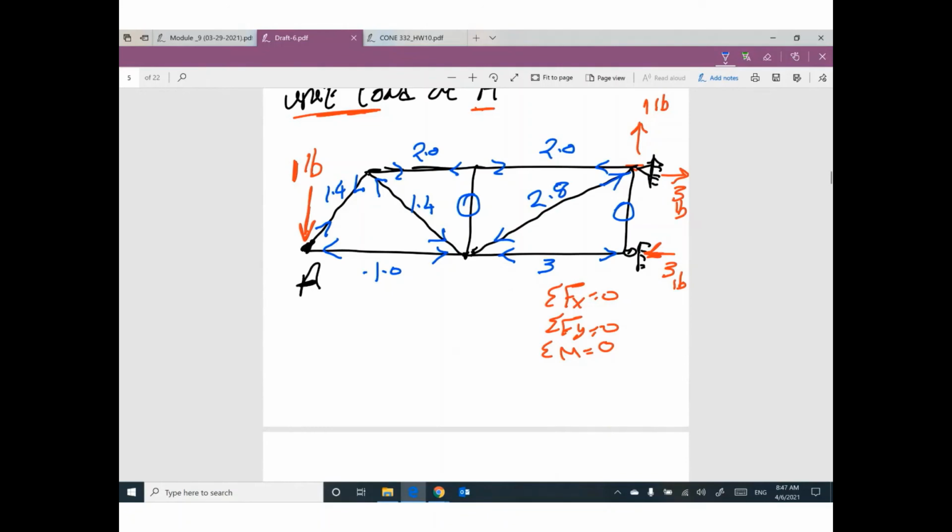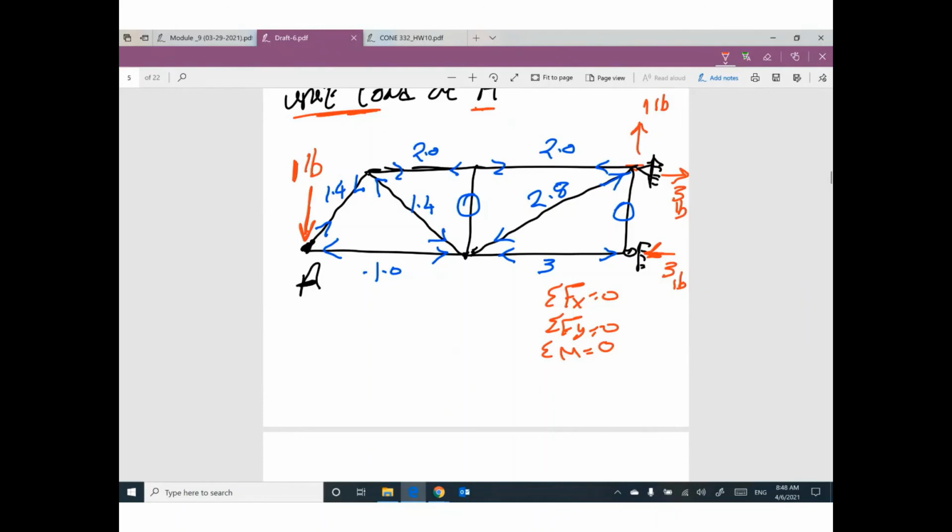Are you sure? Wait a moment. Looks like there is something wrong. 1 divided by cosine 45 is 1.4.